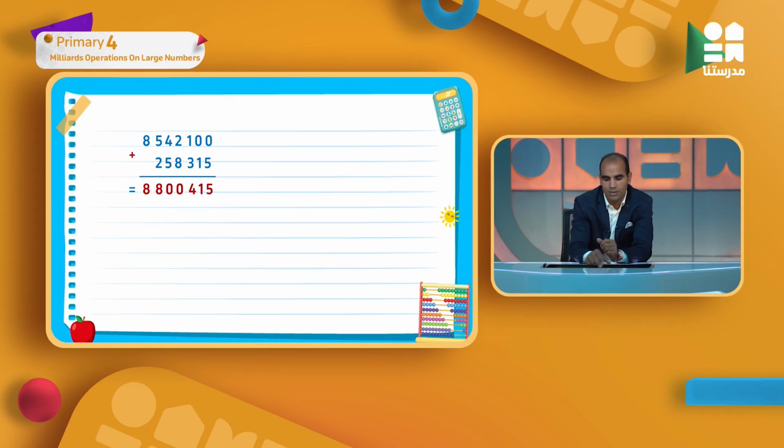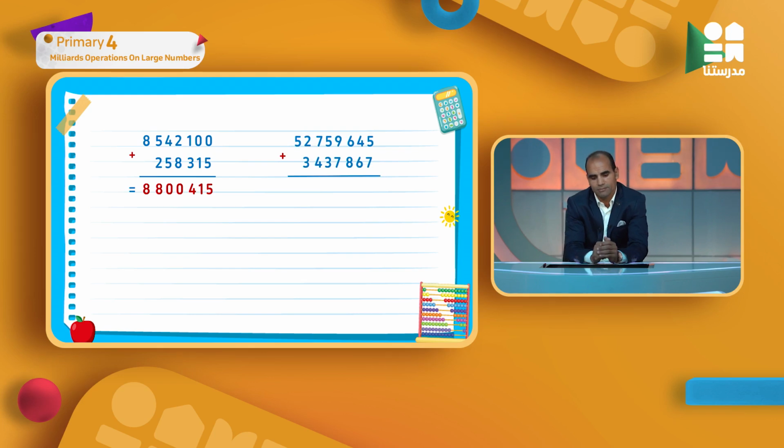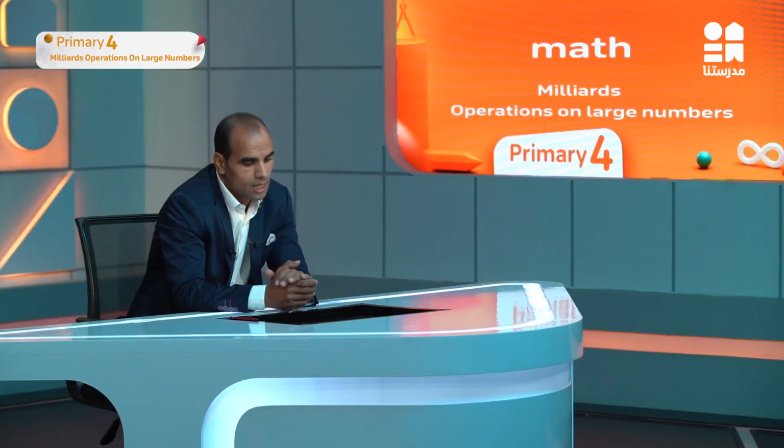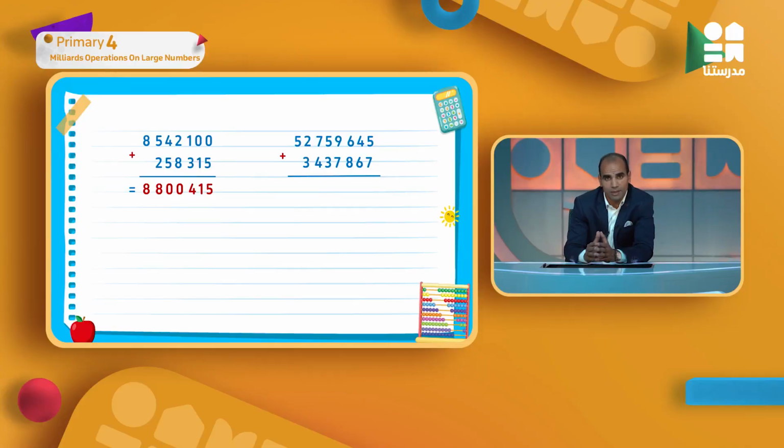Okay? The next example, this is for you. This is very simple. 52,759,645 plus 3,437,867.